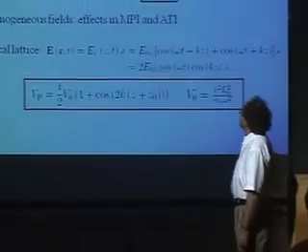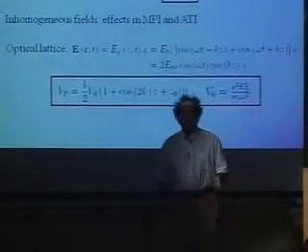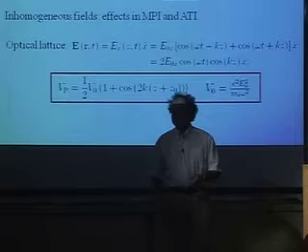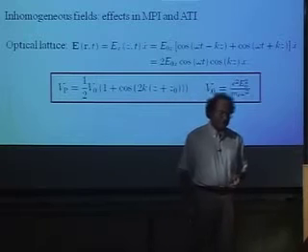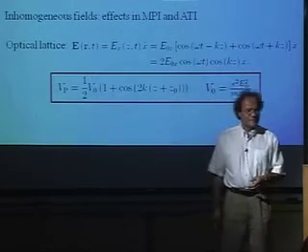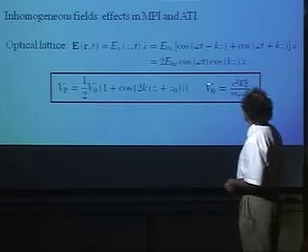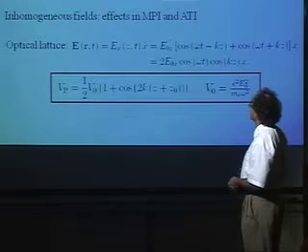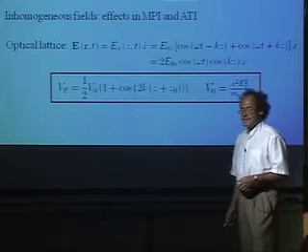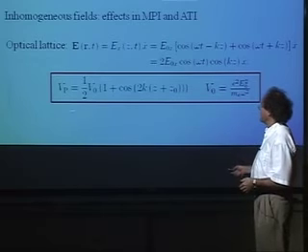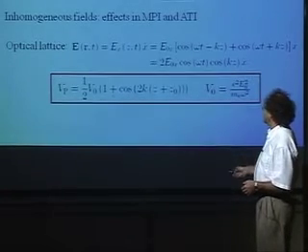In our case, this is very well satisfied because the period of the optical lattice is in the range of 1 micron, whereas, as I said, the quiver amplitude is just in the range of picometers. So in order to get the effect of the standing wave light field on the electron, we just write down this expression as a function of position. And this is what you get by doing that.